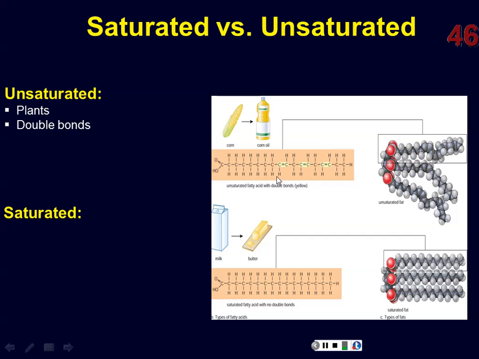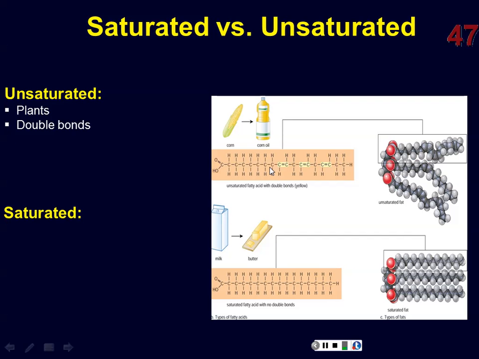Notice right here in the example that this would be an example of a fatty acid found on an unsaturated fat, an oil. Notice that there are double bonds right there between the carbon atoms. Double bond means that the carbon can't have another hydrogen right there. If that carbon has a double bond with that carbon, that's 2 electrons. Well, it only needs 2 more, so it's sharing an electron with that hydrogen.